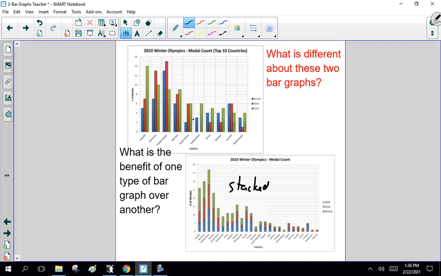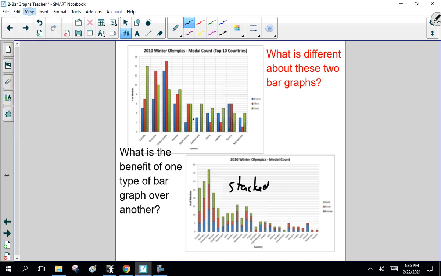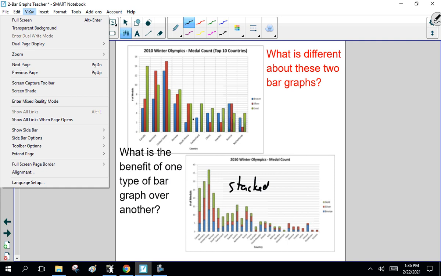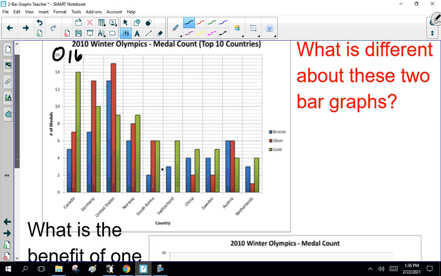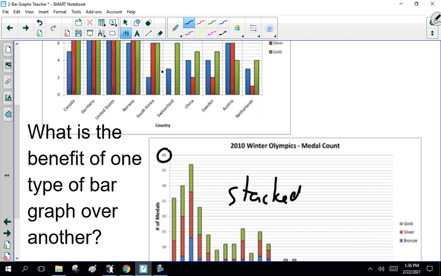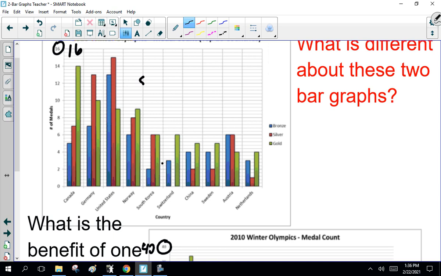Now, it's a little hard to see, because of course, we have smaller numbers here, that's 16. Even down here, that's 40. That is hard to read, I apologize. I will have to go back and fix that. So, one advantage of cramming them in like this is smaller numbers.